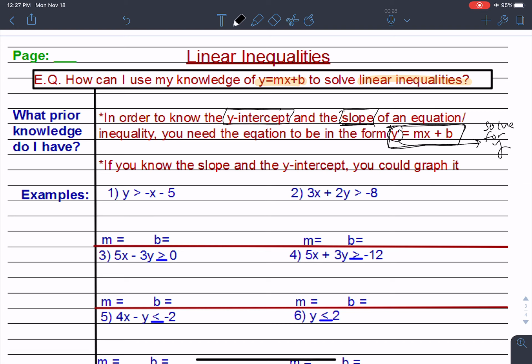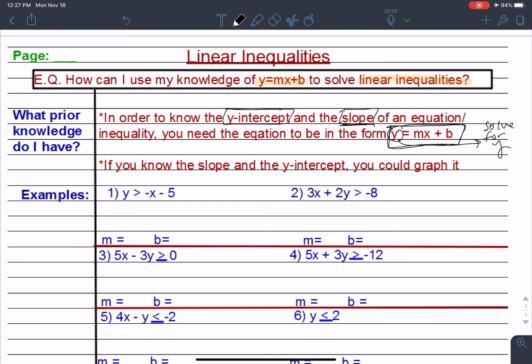Okay, and as you guys remember from the last unit, we're going to first add or subtract the constant and then multiply or divide by the number attached to the variable in order to get y by itself.